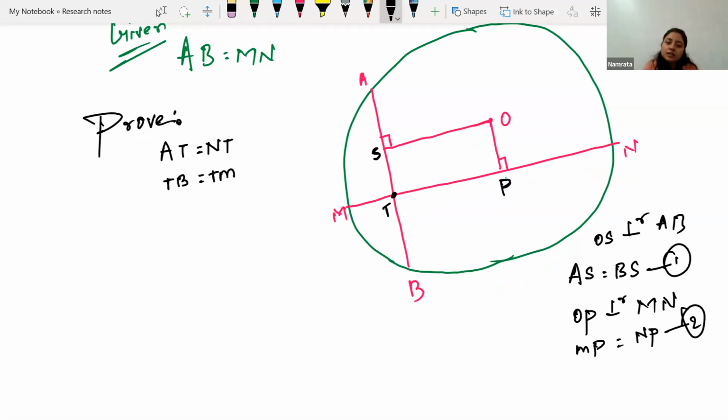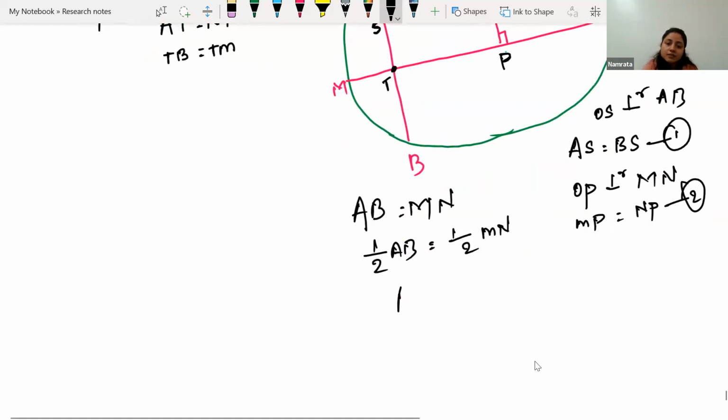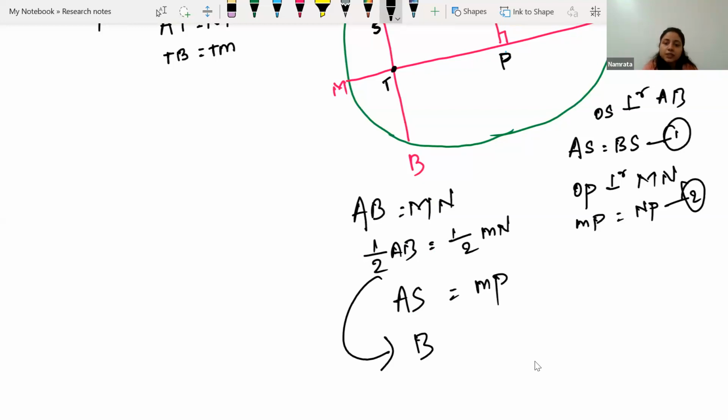Now it is given over here that chord AB and chord MN are of the same length. So half of AB and half of MN will also be the same, right? Half of AB means I can take AS or BS.